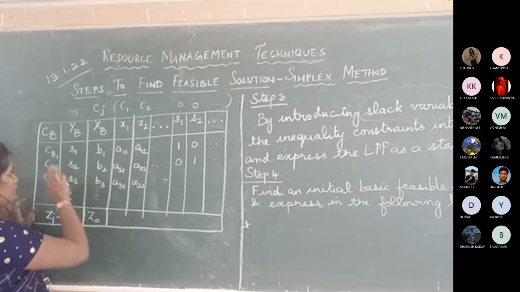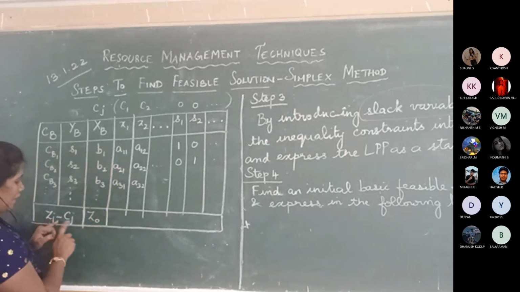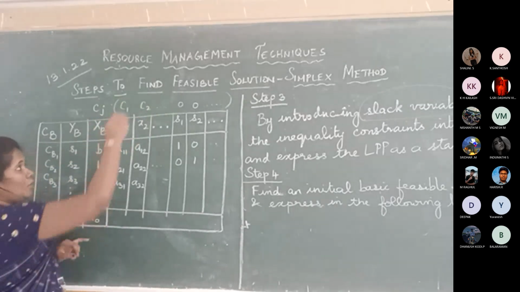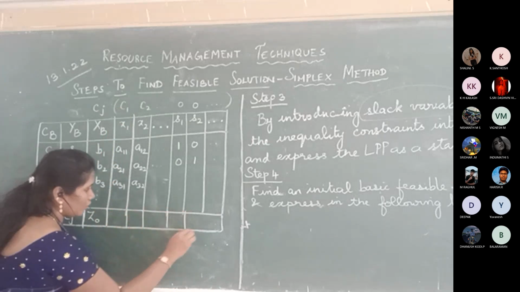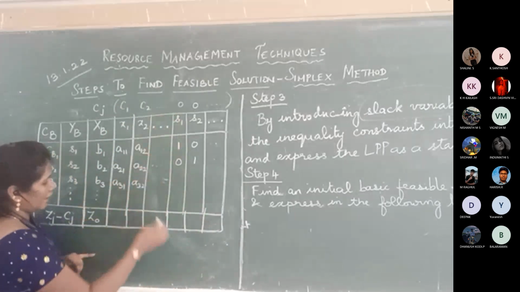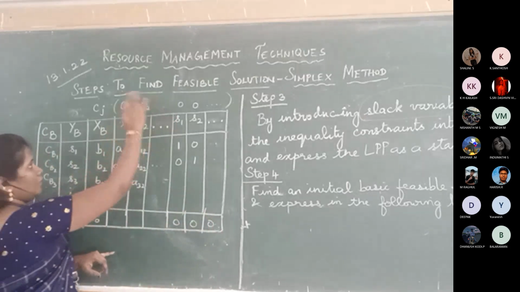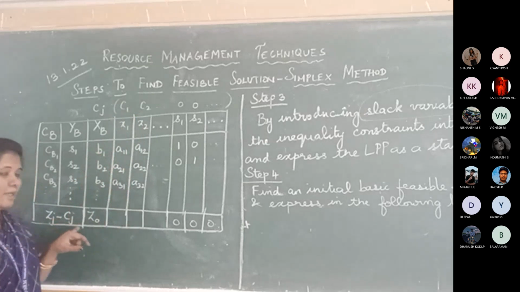Similarly here, you will have to multiply, and then you just put minus Cj. Your Cj values are on top. Whatever values are on top, you will write that value with a negative sign. If it is 0, you will write that 0 itself. But if you've got your values for your C1 and your C2, you will put it as Zj minus Cj.